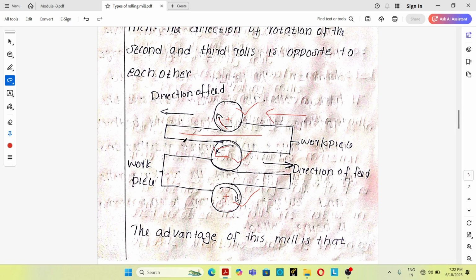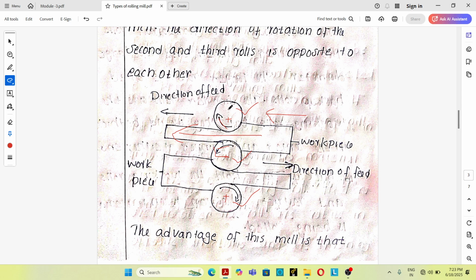The workpiece can be fed between them. If you require the return pass, or one more pass, the workpiece can be fed between the second roller and third roller. So there is no need for the workpiece to be taken back to the opposite side as in the previous one. This is one of the advantages of a 3 high rolling mill.